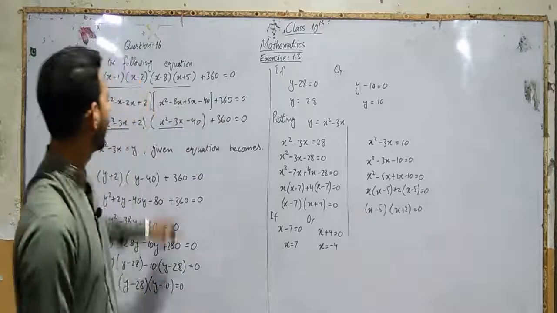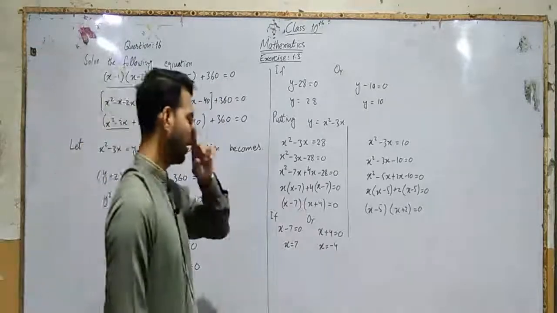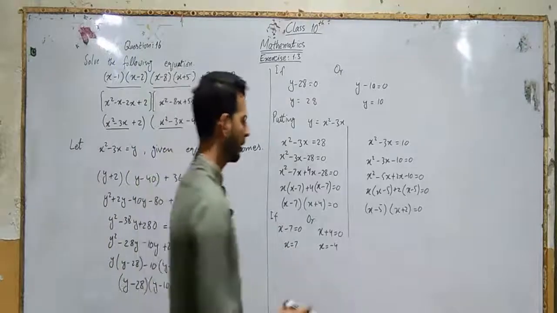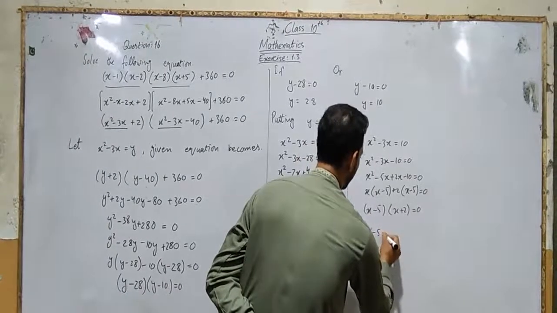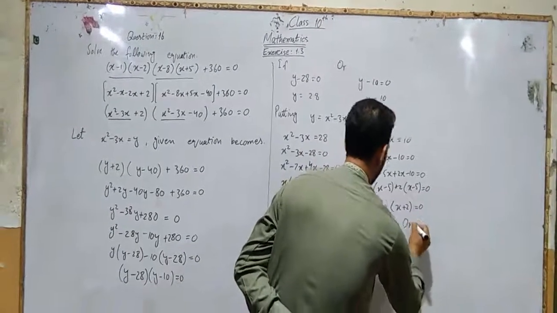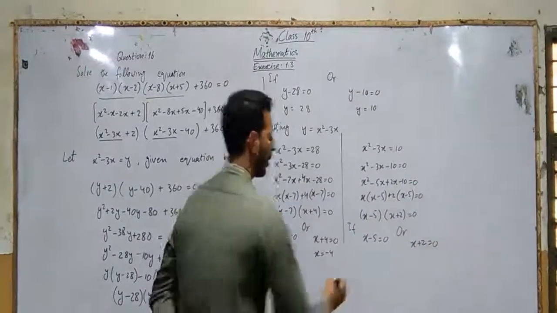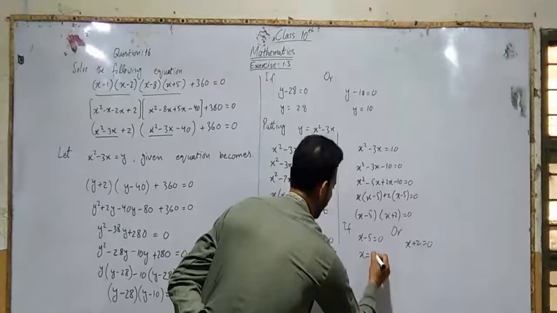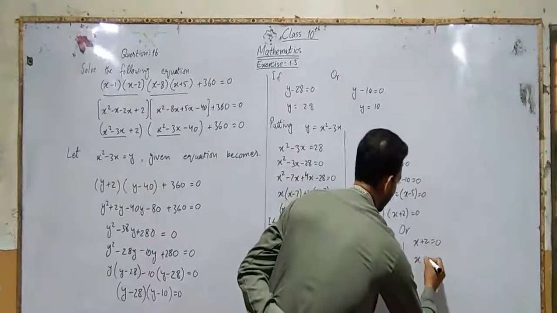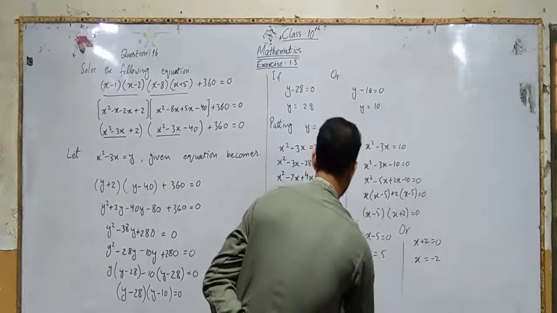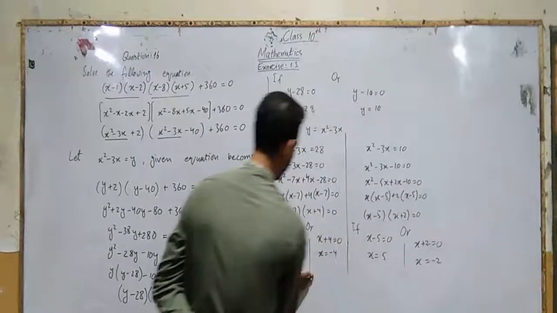Because the degree of the equation is 4, we will get 4 answers. Now if x minus 5 equals to 0 or x plus 2 equals to 0, then x equals to plus 5 and x equals to minus 2. So students, we have 4 values of x here.